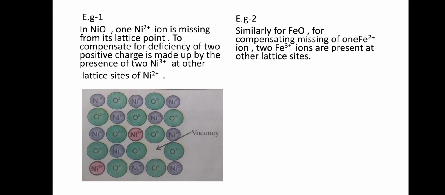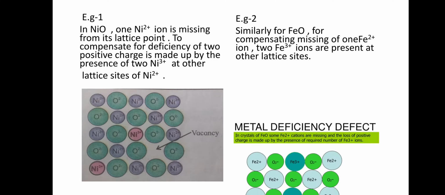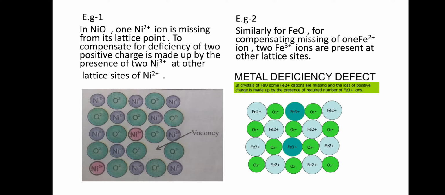As we can see in this diagram, two Ni2+ ions are replaced by Ni3+ ions, so two sites are occupied and one vacancy is there, and this is a metal deficiency defect. Similarly, we have this defect in FeO also. To compensate for the missing Fe2+ ion, two Fe3+ ions are present at other lattice sites. As we can see in this diagram, a defect is developed over here.